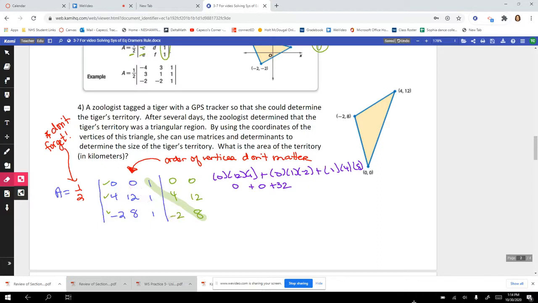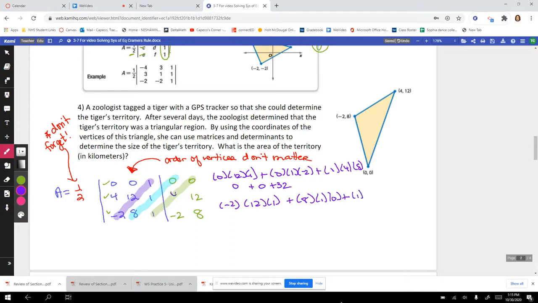Okay, now let's go the other way. So I have -2 times -2 times 12 times 1 plus 8 times 1 times 0 plus 1, and that got kind of erased a little bit, 1 times 4 times 0.